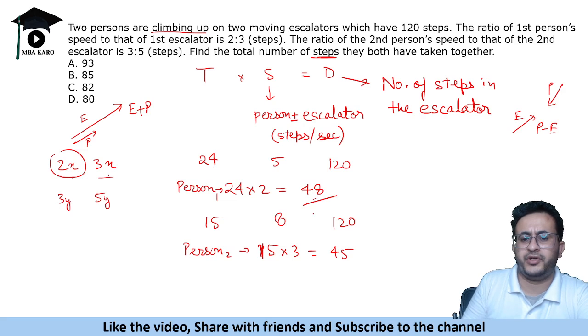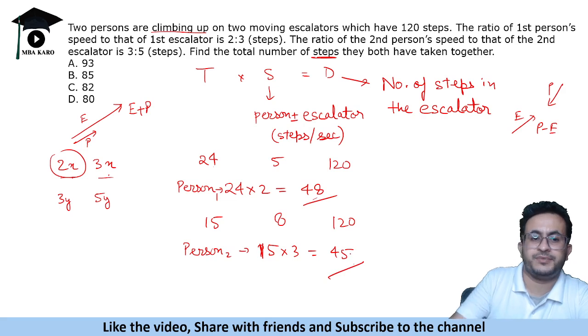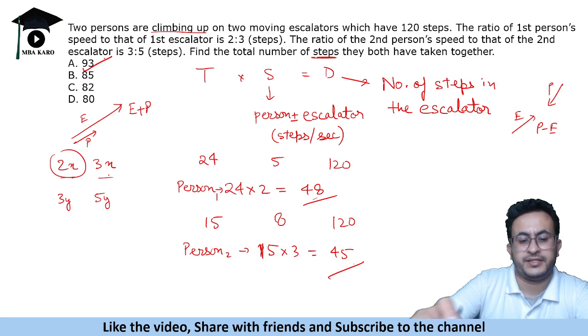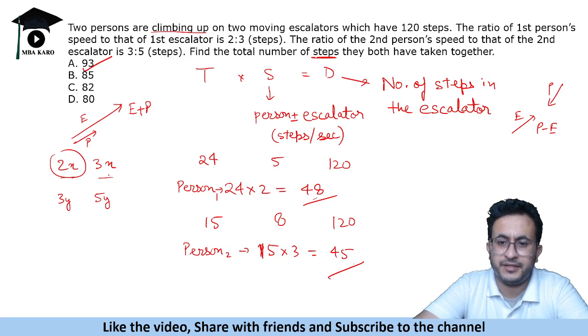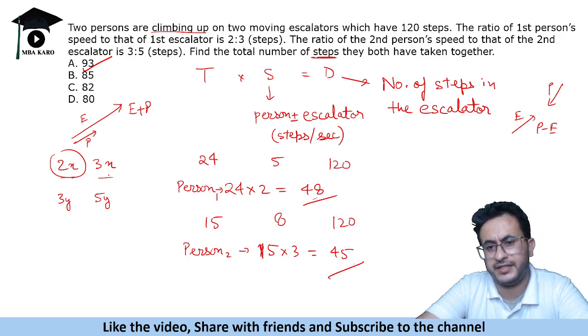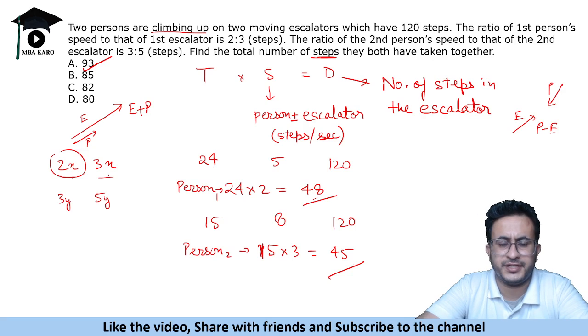The first person took 48 steps, the second person took 45 steps, so in total they took 93 steps. That is the underlying principle in escalator-based questions: the distance is the total number of steps in the escalator, and the speed is the steps per second of the escalator plus or minus the person, depending on the direction in which they are moving.